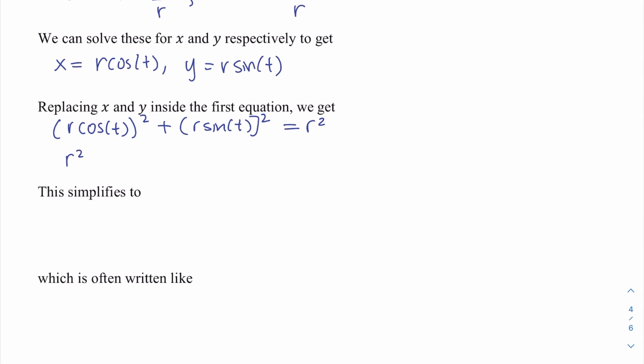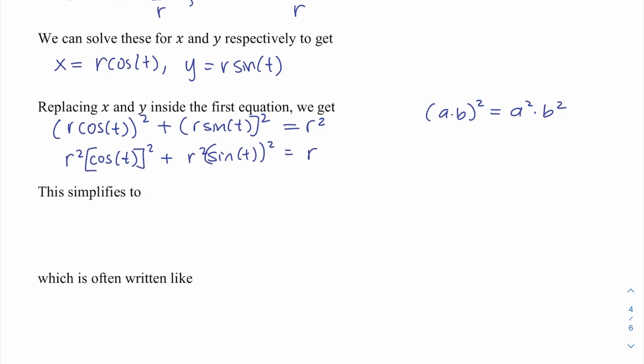Well, that would be r squared times cosine of t all squared. So remember, when I'm squaring two things that are multiplied, like a times b squared, I get a squared times b squared. So the result is r squared times cosine of t all squared. Do the same thing with this term: r squared sine of t squared equals r squared.